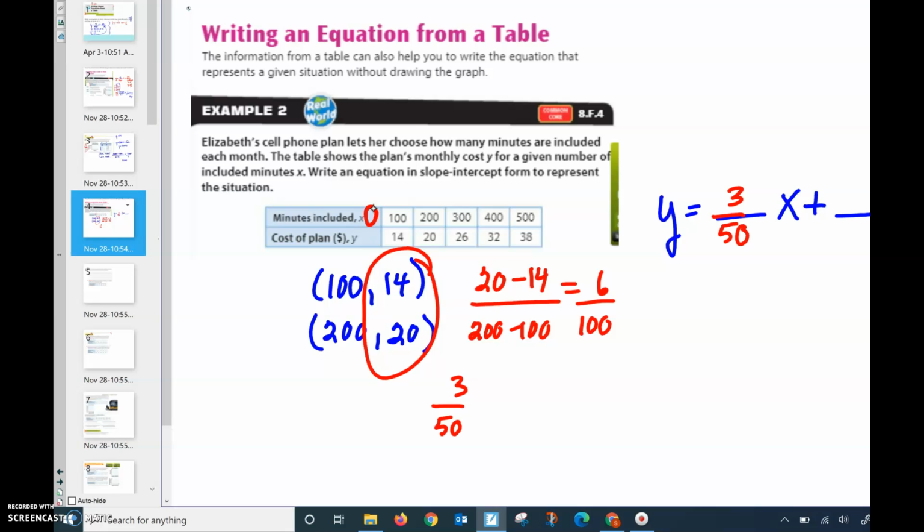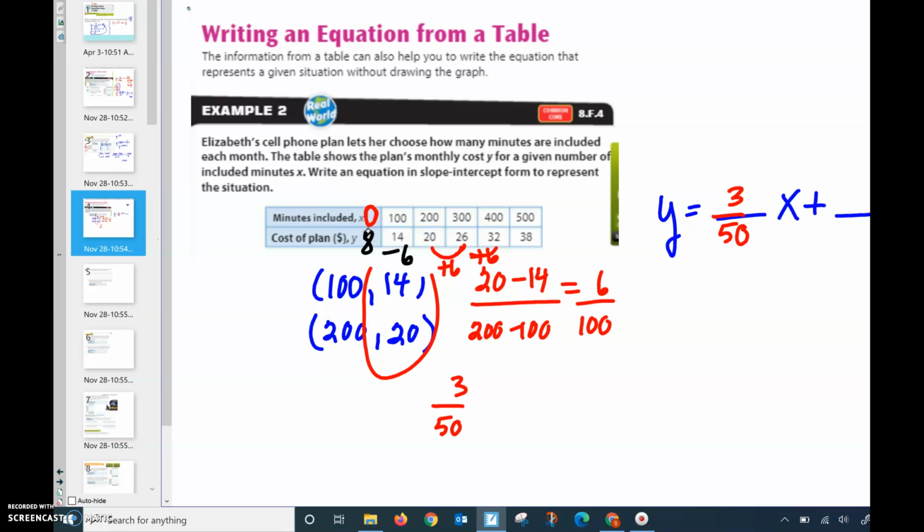So let's see what the pattern is here. If we go from 20 to 26, they're adding 6. If we go from 26 to 36, they are adding 6. So if I go over here to this 14 and I subtract 6 from that, I get 8, and so that's where it came from.